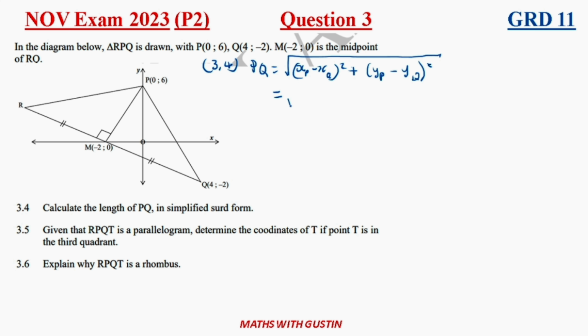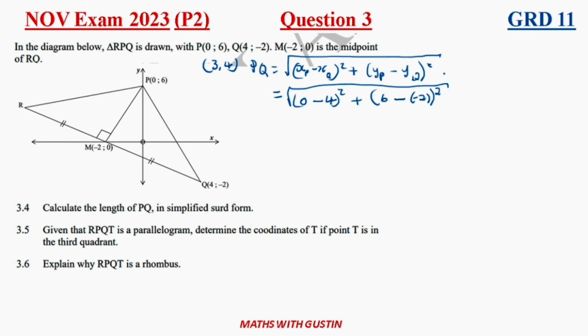All right, so therefore here we go. We're going to have x at P is 0 minus x at Q, which is equal to 4. Then everything needs to be squared here, plus y at P, which is 6, minus negative 2. Don't forget the minus, guys.